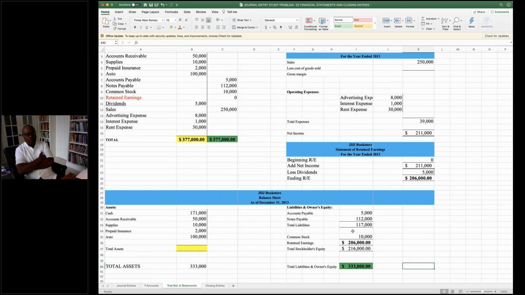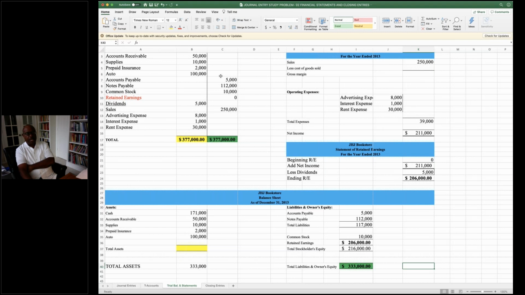Okay, so then the following Thursday, the teams come back together and they move to the 40 journal entries. And on the 40 journal entry problem, you're going to do the same thing for all 40 journal entries.